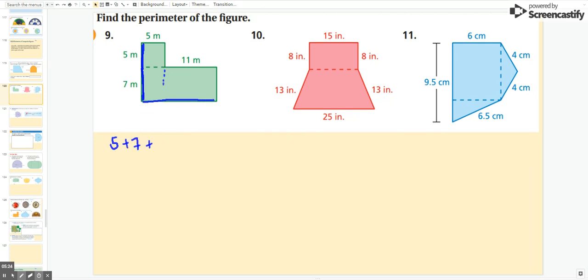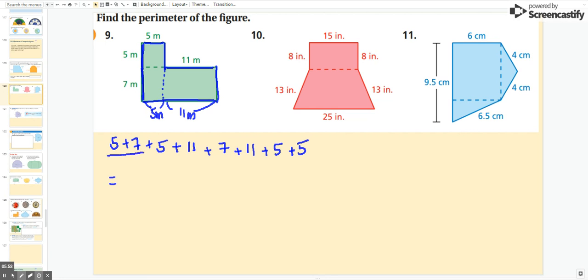We have two rectangles, and 5 meters, and here 11 meters. So this side 5 plus 11, and this side 7, and this side 11. You cannot miss any side. 5, and you have another 5.